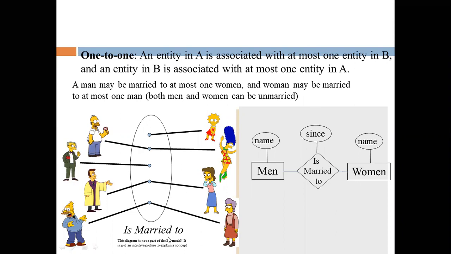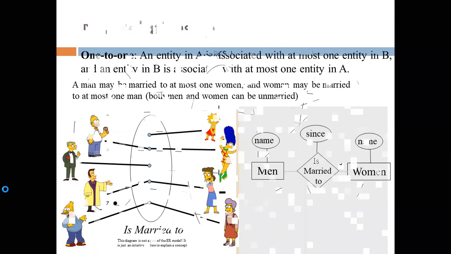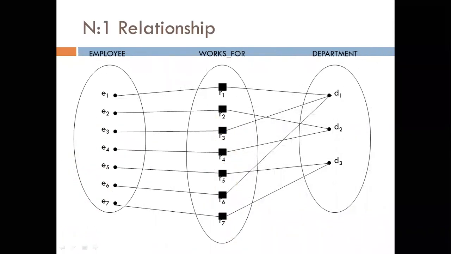Now, the next category is the N:1 relationship. Here I have taken the same entities, employee and department, but the relation is different: works for. An employee is working for a department.